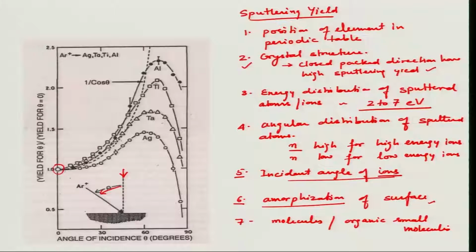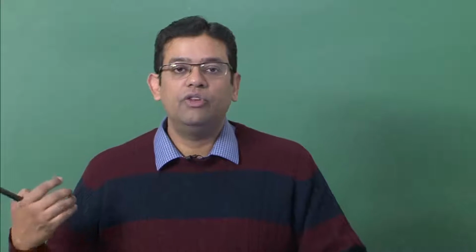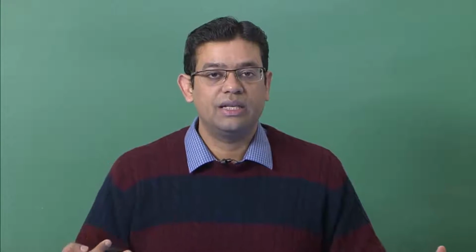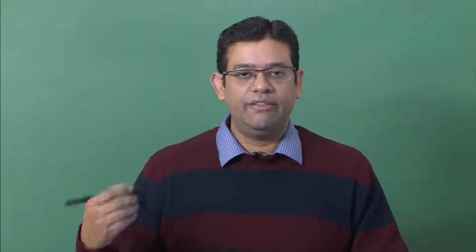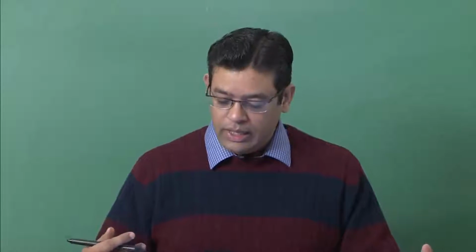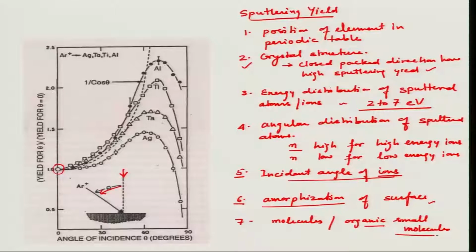It is counterintuitive to think that you will be able to sputter these molecules, but in fact, under certain conditions you can also sputter these organic molecules from a target. Okay. So, this is about sputtering yield and how the sputtering process at the target happens.